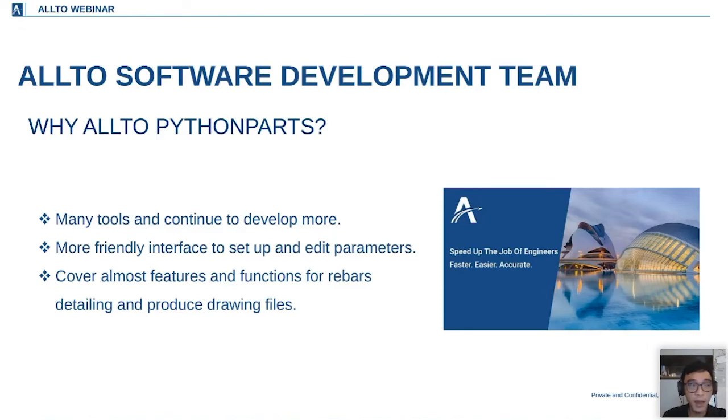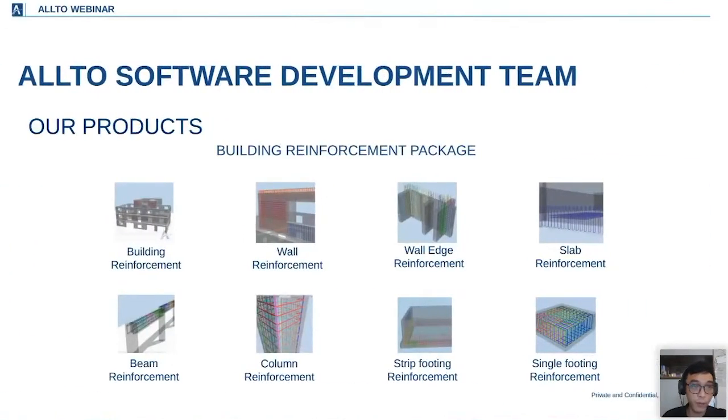And On2 Python Parts cover almost all features to help users speed up the workflow in rebar detailing and produce drawing files. You can see here we have a building reinforcement package. We can help you create reinforcement and sections with labels for buildings very fast. In this package, you can see we have a lot of Python Parts like wall reinforcement, column, beam, strip footing, and so many more.